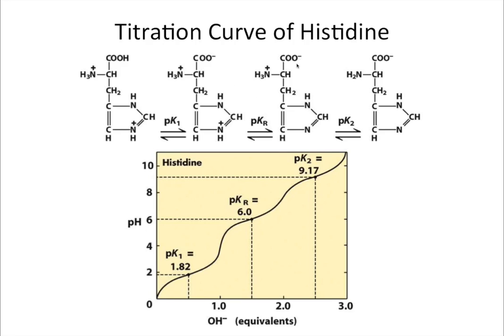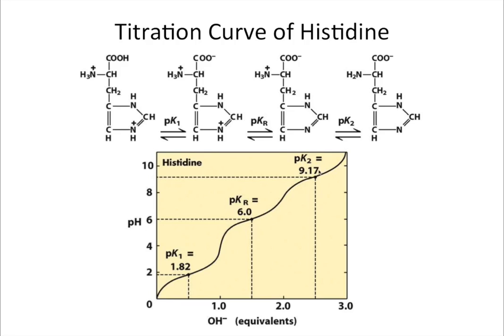And in this transition, we're going to have this nitrogen give up a proton, and the pKa associated with that is 6.0 shown here. We're going to add base, continue the titration, and then we'll enter into this third region. And again, this is like a buffering region right in here.